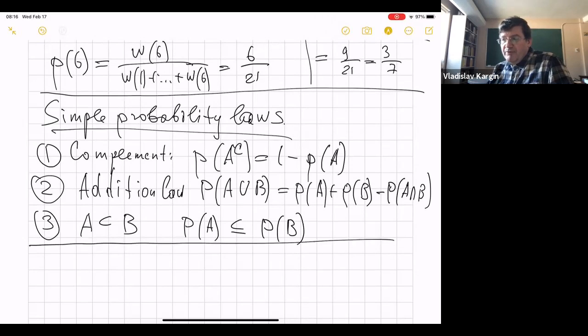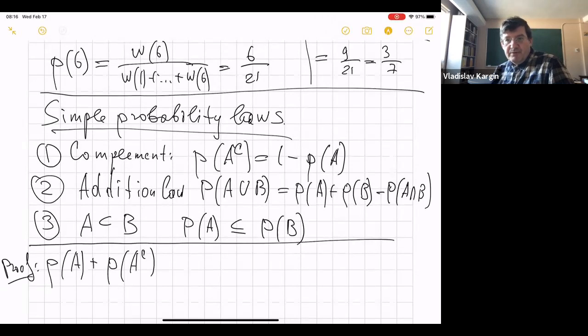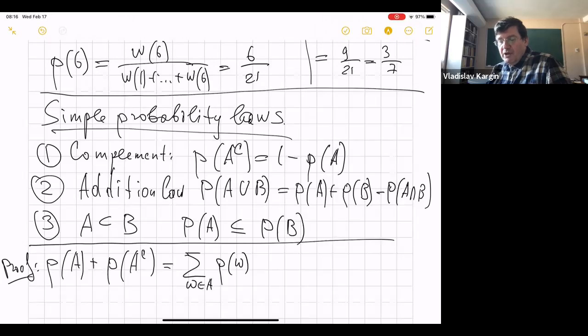So let's look at how you can get the first two laws. For the complement law, you write the probability of A plus the probability of A complement. This is something like a proof, or an explanation. This is the sum of the probabilities of outcomes omega which are in A, and you add the sum of the probabilities of outcomes omega in A complement.